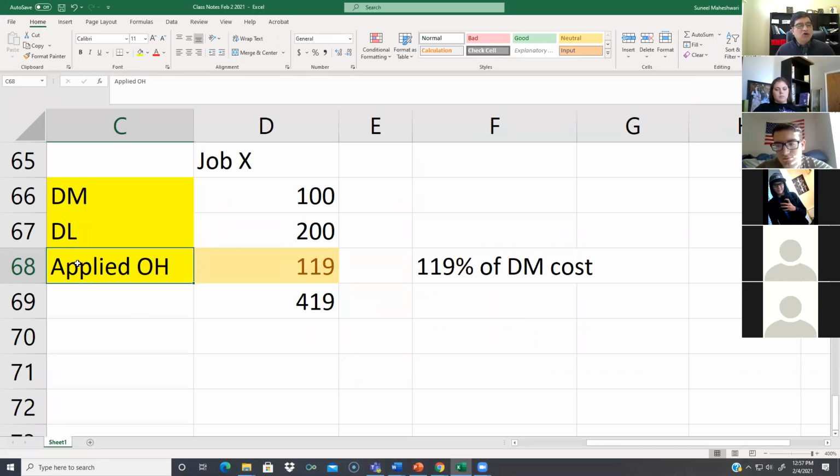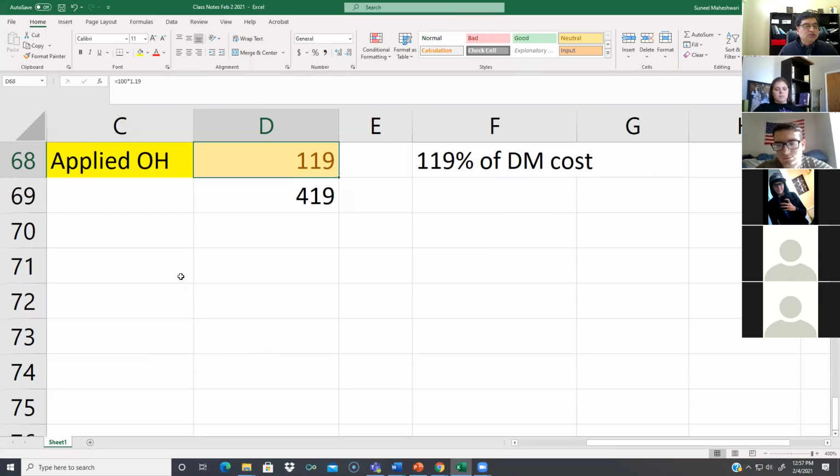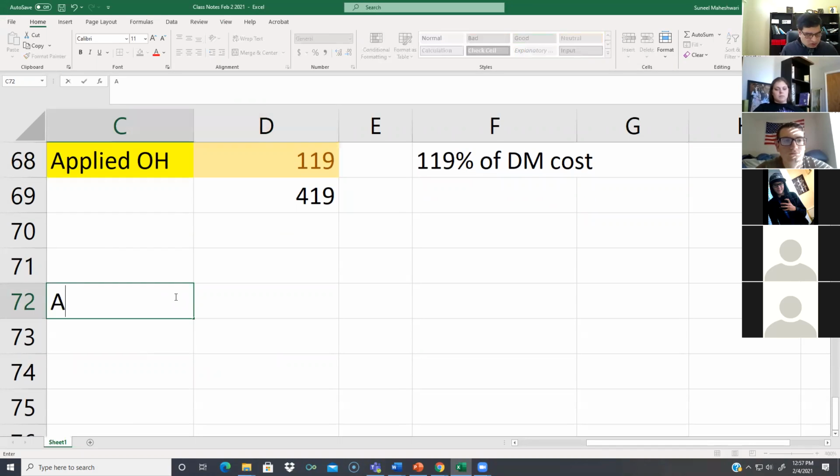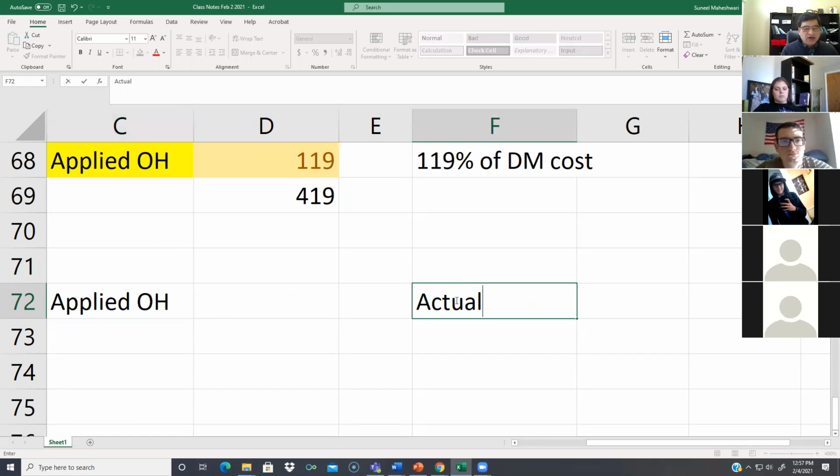When you apply the overhead, it is based upon certain estimates. So generally speaking, your applied overheads will be different than the actual overheads when incurred. You will only know about the actual overheads when the jobs are finished and everything is done. But you might have to provide the estimate to the customer before you start the job.